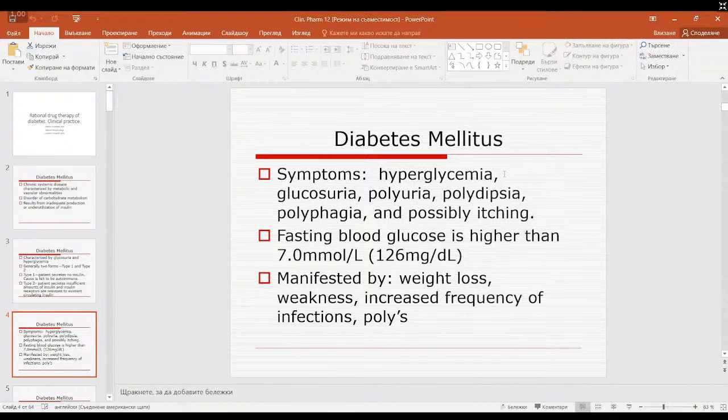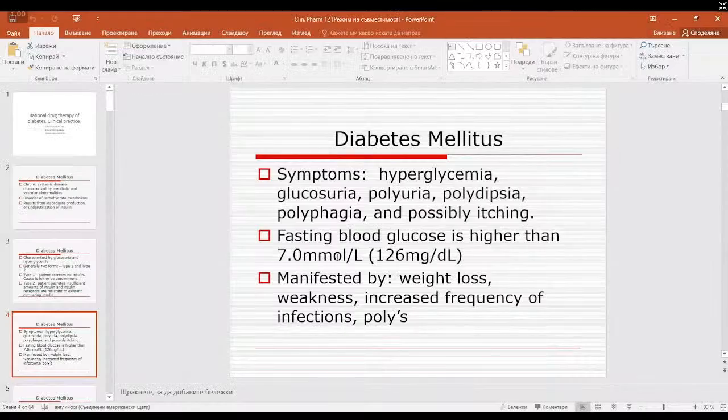In diabetes mellitus, in both types, usually the fasting glucose level is higher than 7 millimoles per liter or 126 milligrams per deciliter. You see that there is a difference between the units used to measure blood glucose levels. In some countries millimoles are used; in other countries, milligrams per deciliter.